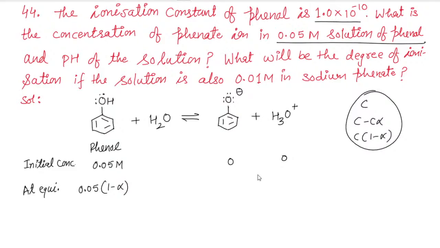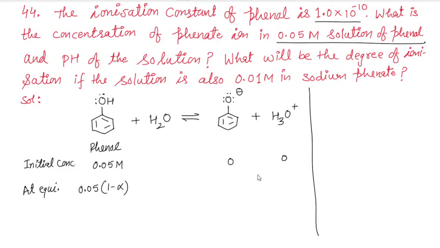Okay, so at equilibrium, alpha is degree of dissociation. Keep in mind, alpha is degree of dissociation. If alpha is degree of dissociation, we write it as 0.05 into 1 minus alpha.